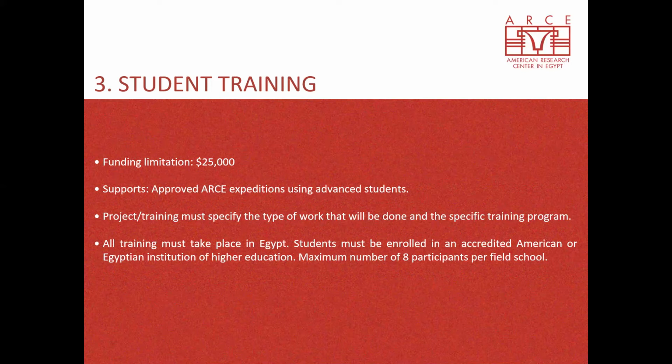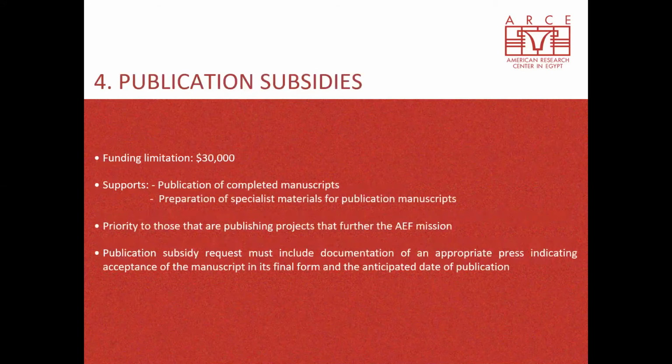Once again, all training must take place in Egypt, and students must be enrolled in an accredited American or Egyptian institution of higher education. The maximum number of participants per field school under this category is 8. Please make sure to remember that if you're applying under this category.